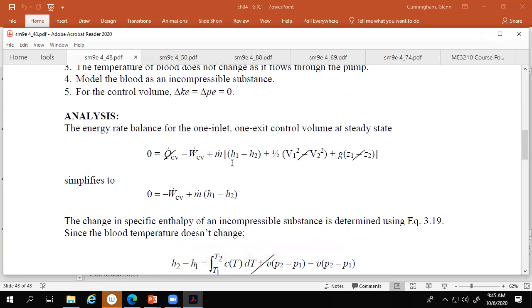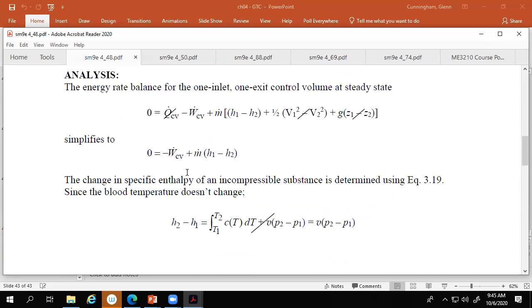Remember, we have the ins minus the outs when we write this equation, so we have the enthalpy in minus enthalpy out. He's throwing out the kinetic energy terms and the potential energy terms, so pretty quickly it boils down to this.